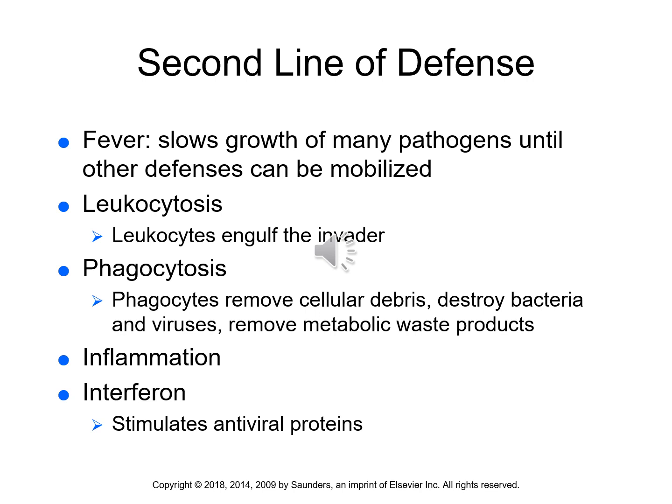The idea with the inflammation is to keep the infection from spreading to the rest of the body. So the area becomes inflamed to try to localize that infection and keep it in that area. Interferon stimulates antiviral proteins. The goal with the interferon is to prevent replication of the virus.